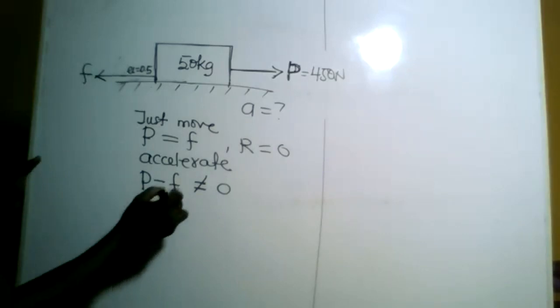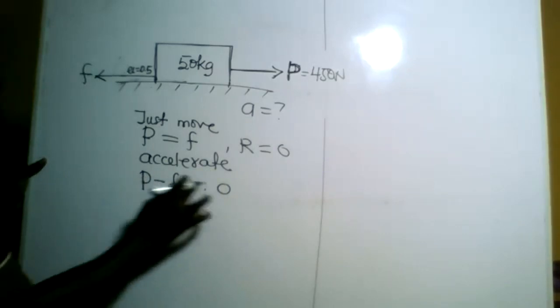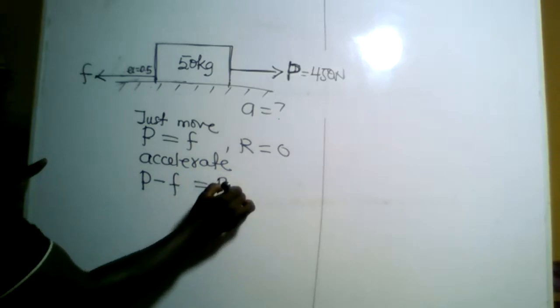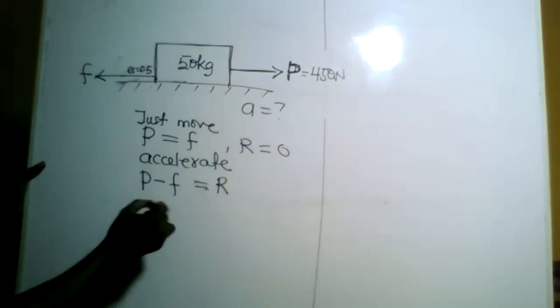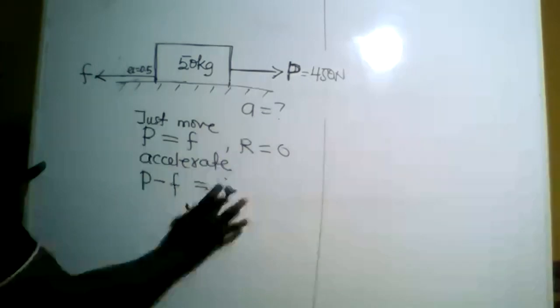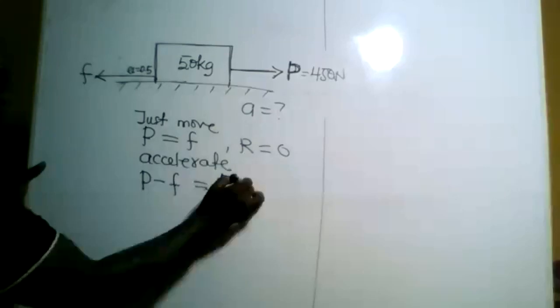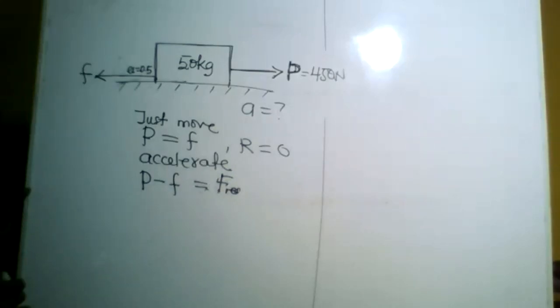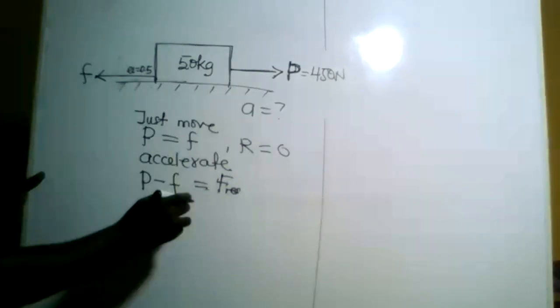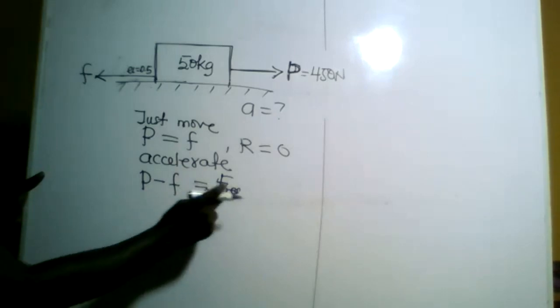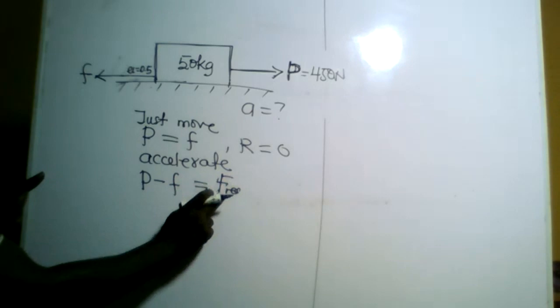And the difference between them will be equal to the resultant force, F resultant or F net. Newton is saying that every acceleration is caused by an external force.